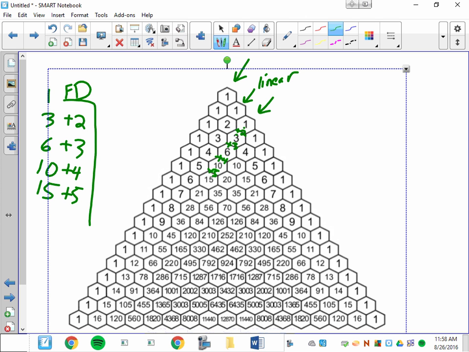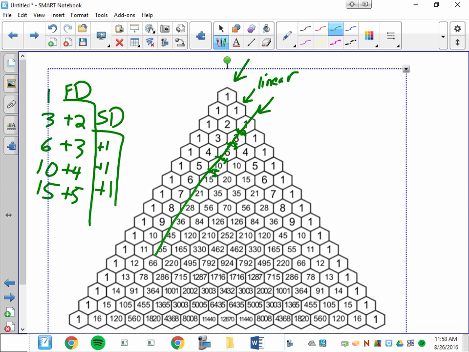Is that linear? No, because my first differences are not all the same. But if I look at the second differences, this is plus 1, plus 1, plus 1. So this diagonal here must be quadratic. It can be represented by some x squared equation.